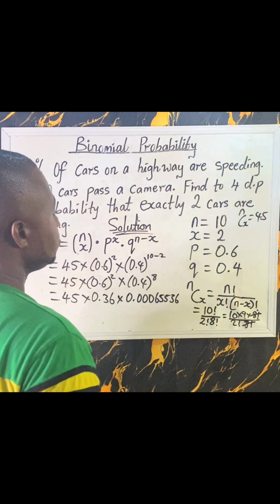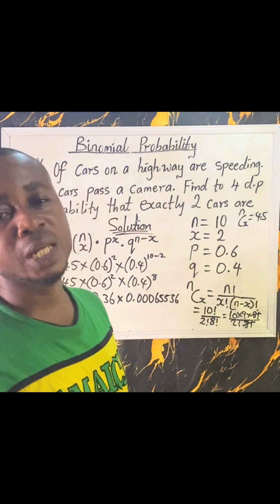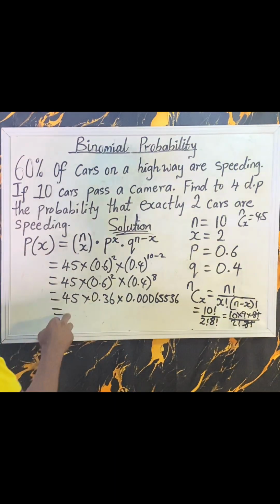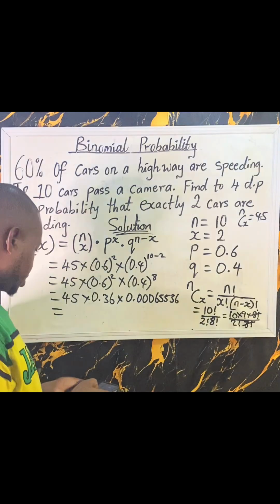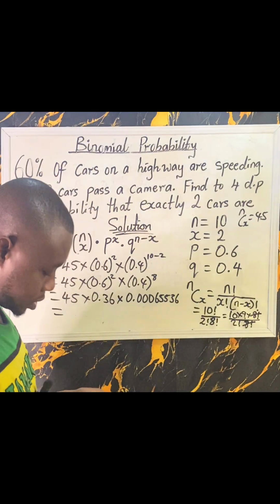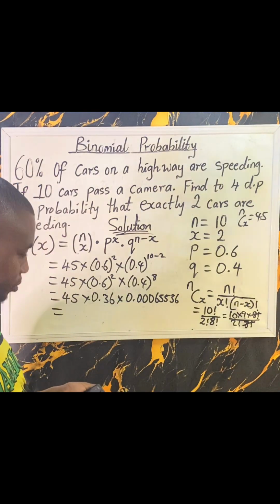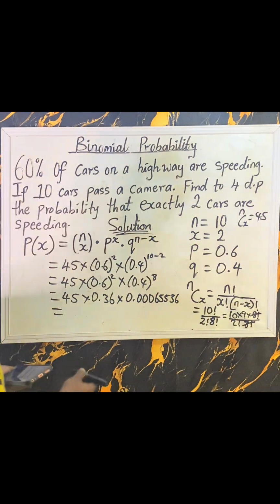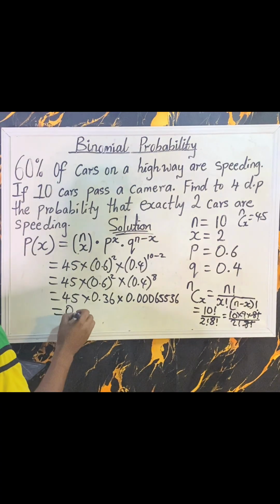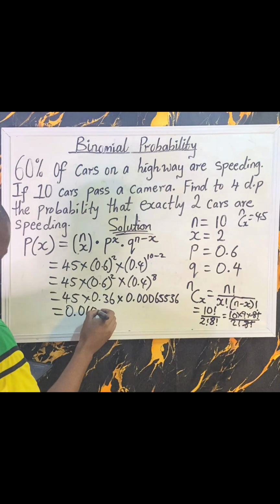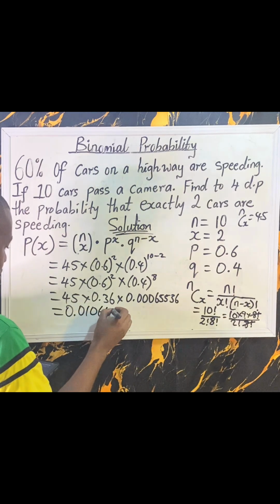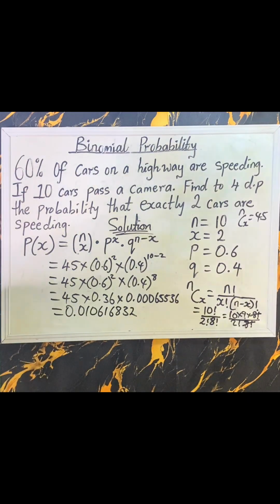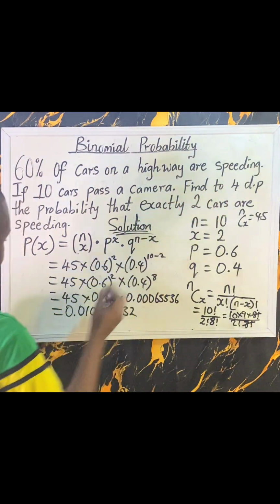Write it in full because I want to approximate to 4 decimal places at the end. So this is very, very important. Now 45 times 0.36 times 0.000655536 is 0.010616832. Then we need to approximate to 4 decimal places.